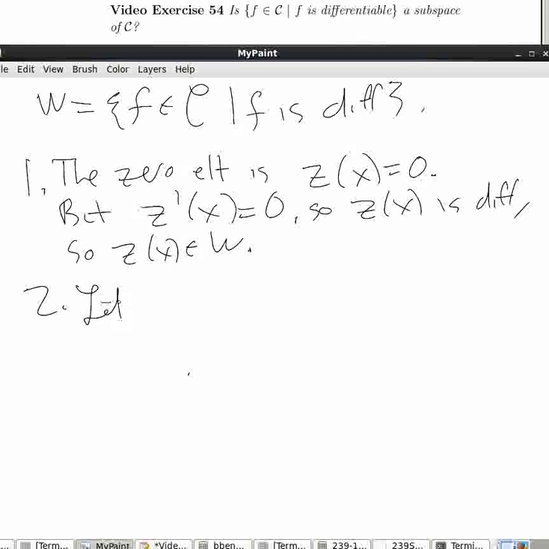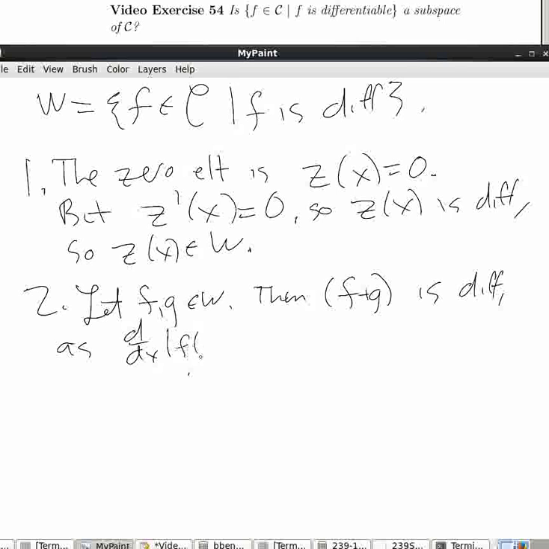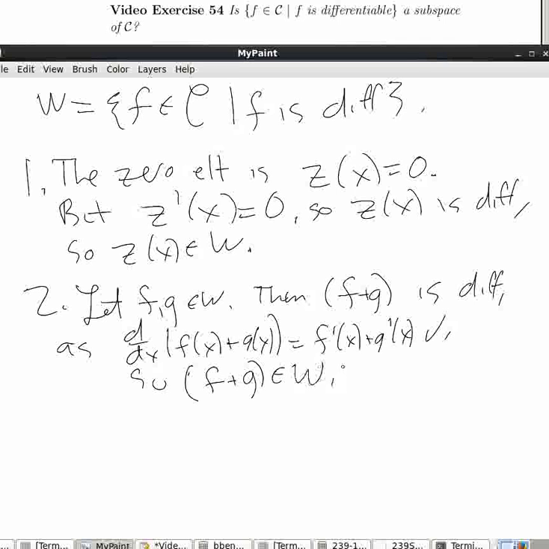So second, I'm going to let f and g belong to W. Then the single element f plus g is differentiable, as the derivative of f of x plus g of x is equal to f prime of x plus g prime of x, which works. So f plus g, the single element, is also in W. So in other words, it's closed under addition.